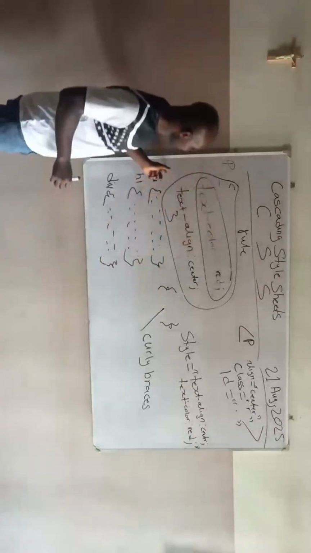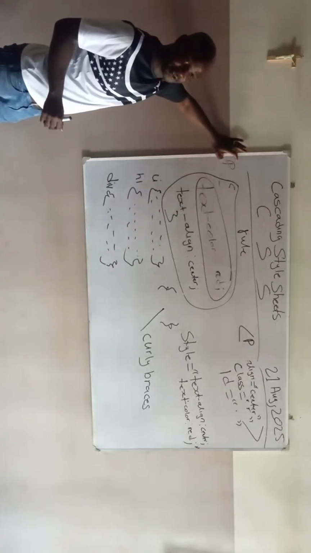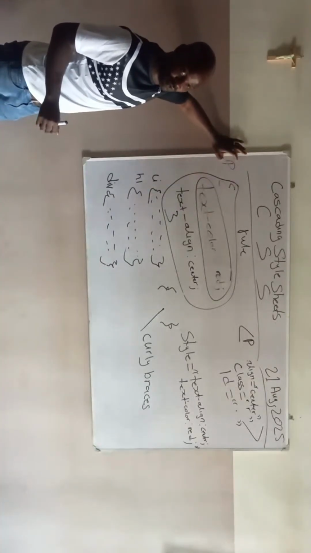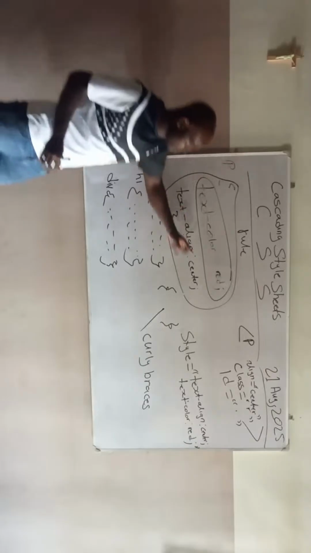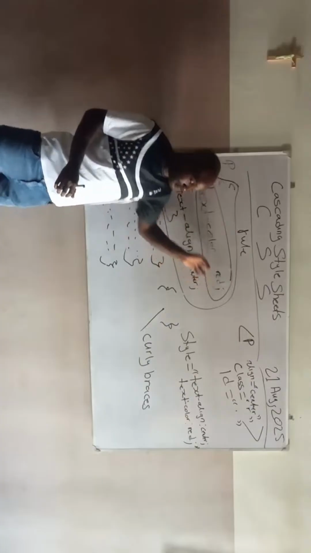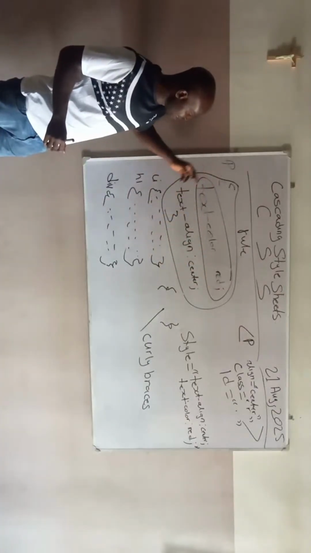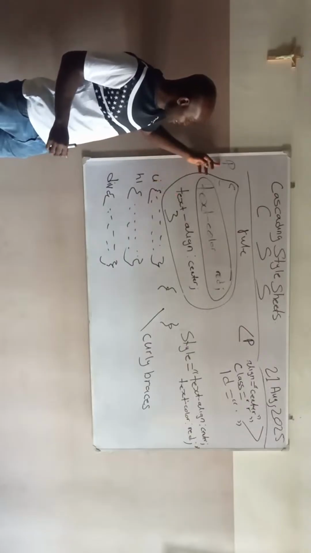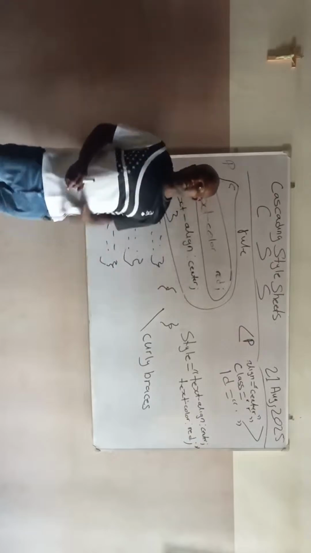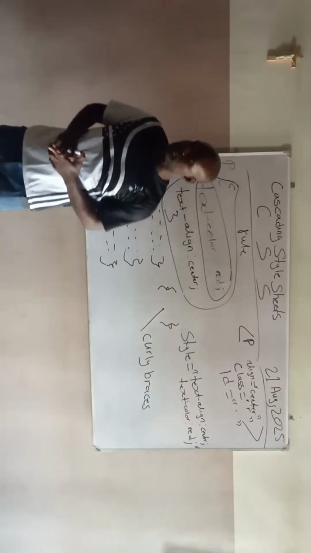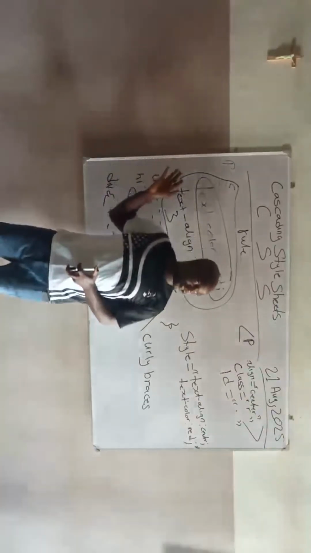So here, what I'm saying is that let all the paragraphs in my HTML web page have their text be red. All the text inside my paragraph should align to center. Because we just made declarations. Am I clear?